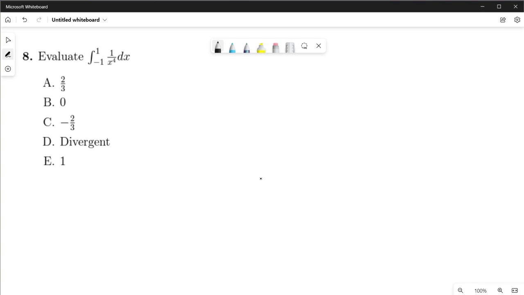For number 8, we have what seems to be just a pretty simple power rule integral. But if you draw the graph of this, 1 over x to the 4th, you realize that it looks something like this, right? And then here will be -1 and 1.